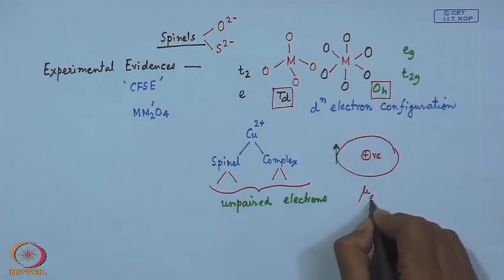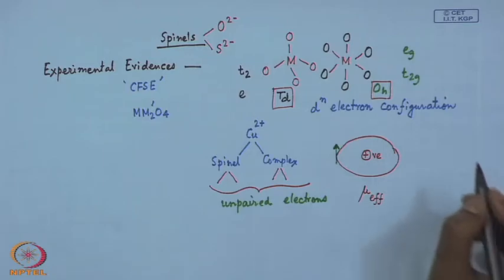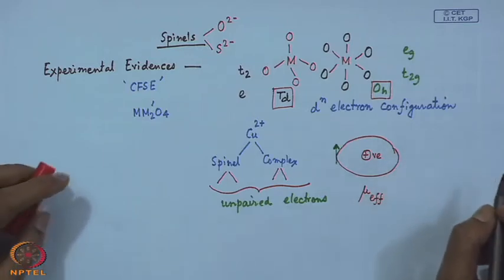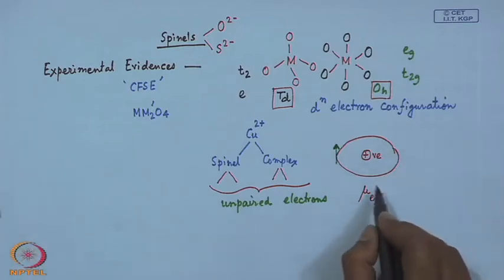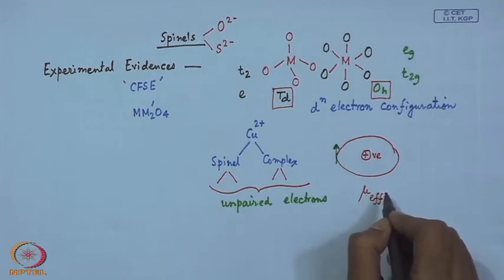So, depending upon the number of unpaired electrons present in all these systems, we should be able to calculate theoretically, as well as experimentally determine, the corresponding effective magnetic moment of the system.